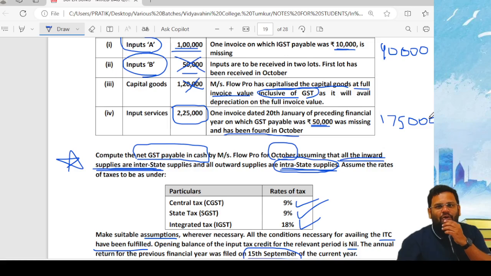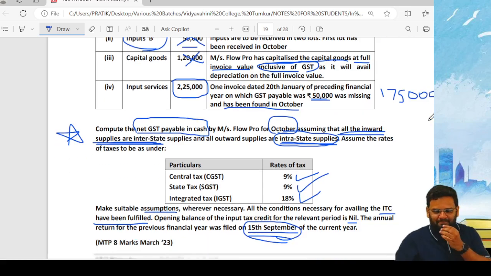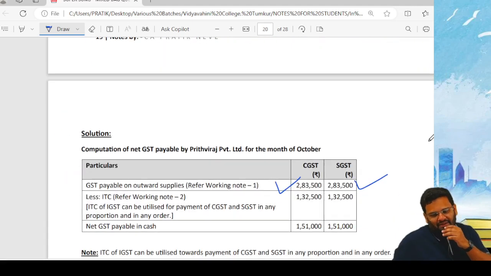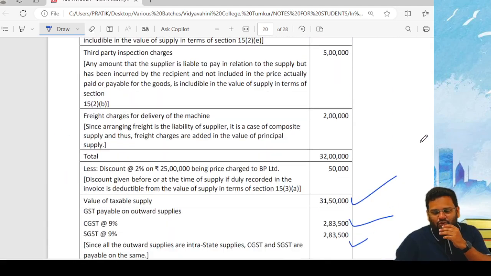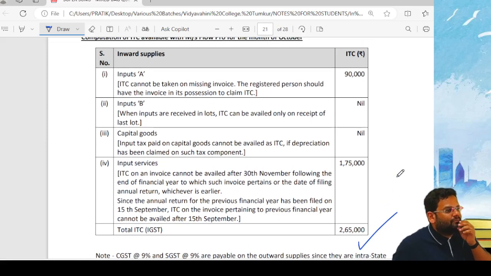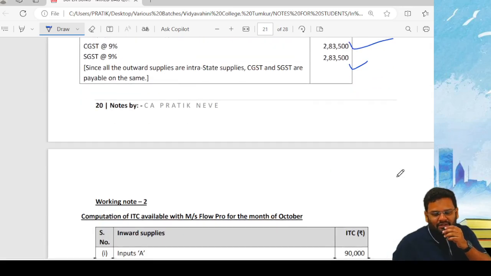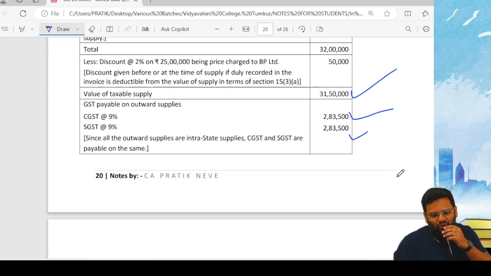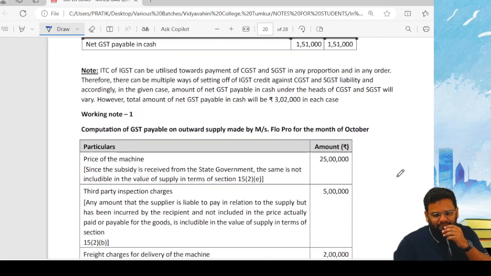Now take the total ITC available for you: 90,000 plus 1,75,000, so 2,65,000 is the total ITC of IGST. Yes or no? Please use it to pay output tax of CGST and SGST in any order and any proportion. Can we use it equally? You can.